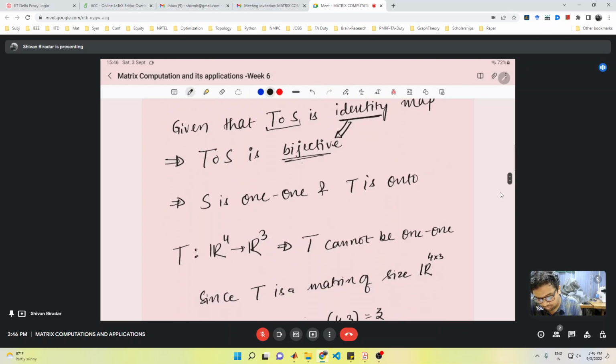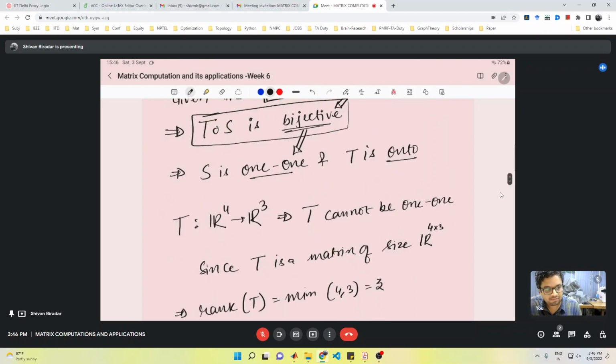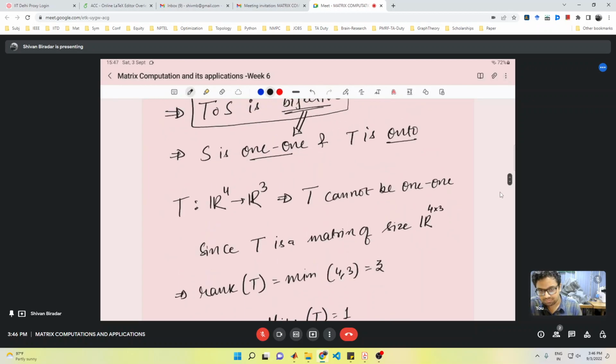T composition S bijective implies that S is one-one and T is onto. So saying that the composition of the two linear transformations T and S is an identity map tells us that it is bijective, and this tells us that S is one-one and T is onto.